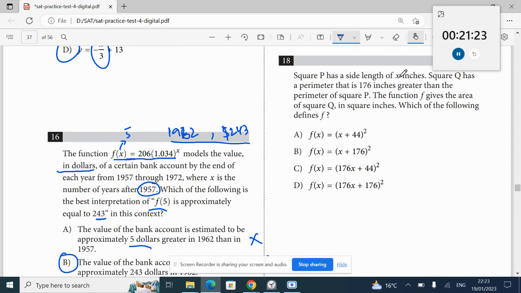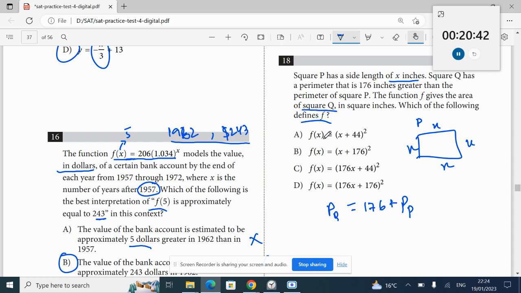Square P has a side length of x inches, and square Q has a perimeter that is 167 inches greater than the perimeter of P, which means 167 plus the perimeter of square P. The function f gives the area of square Q in square inches.